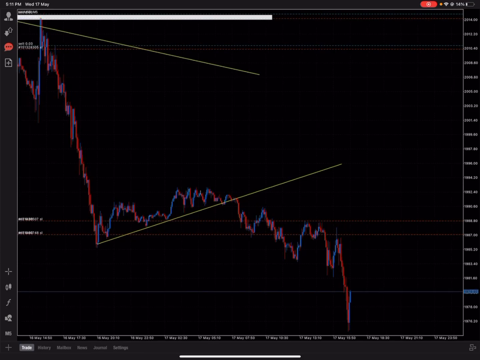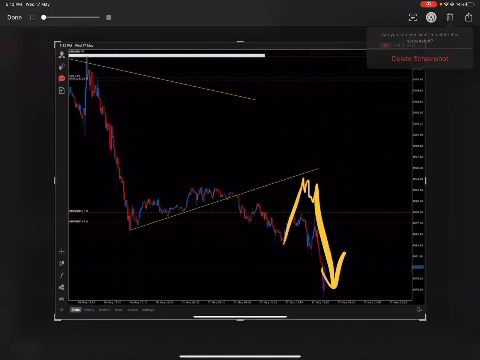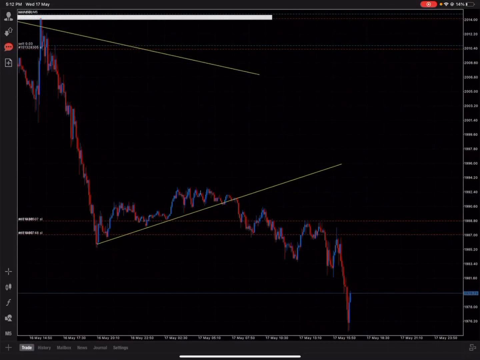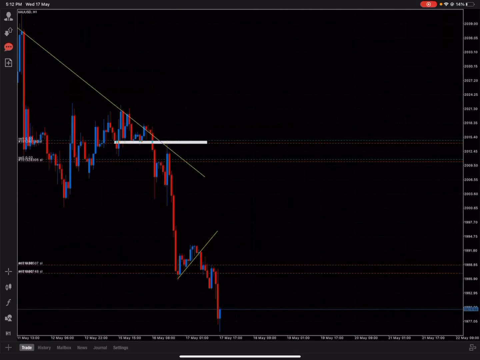But why did gold not fly until this level? And then boom. You need to put 100% attention. First, H1.